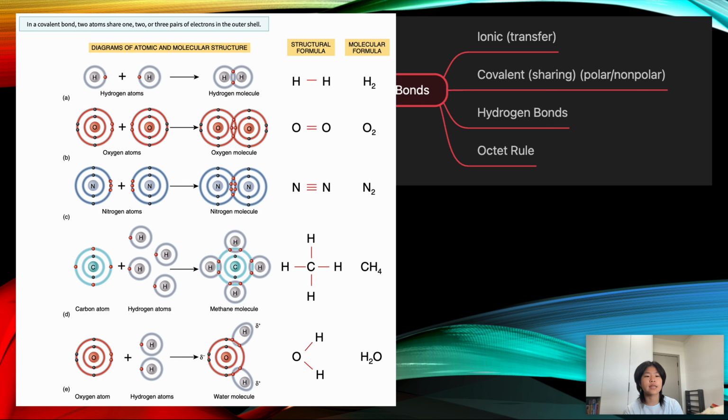Oxygens have 6 electrons in their outermost shell, or 6 valence electrons, and they would want 8 electrons in their outermost shell. So if the 2 oxygens share 2 electrons in their outermost shell, we can see that they can have 8 electrons. Basically, they share the control of 2 electrons.